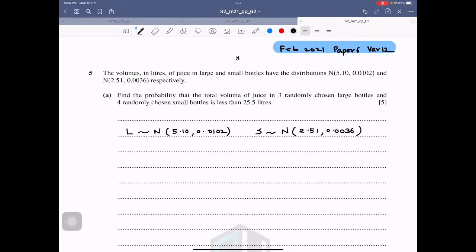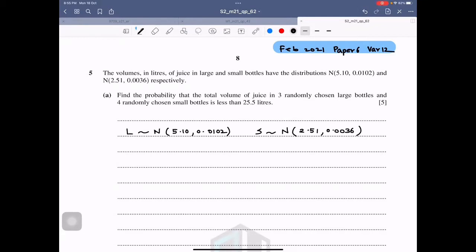Now it says find the probability, and this is in liters, right? Find the probability that the total volume of juice in 3 randomly chosen large bottles and 4 randomly chosen small bottles is less than such and such.